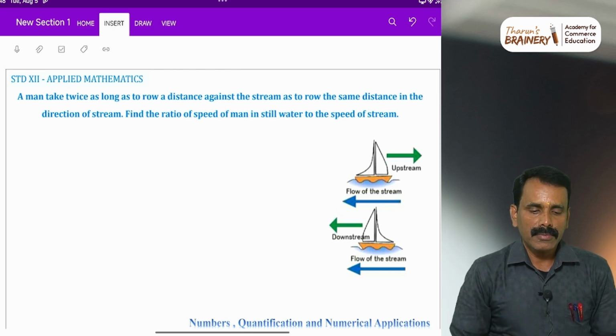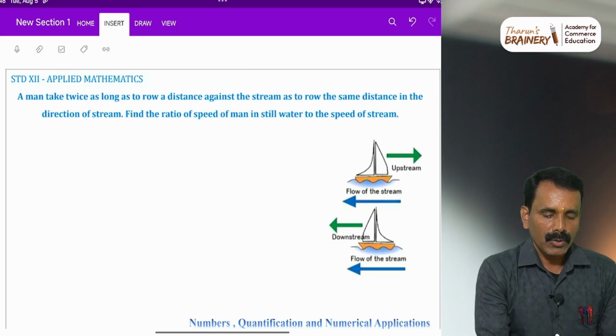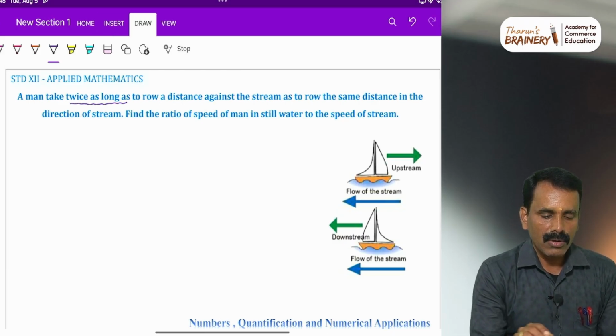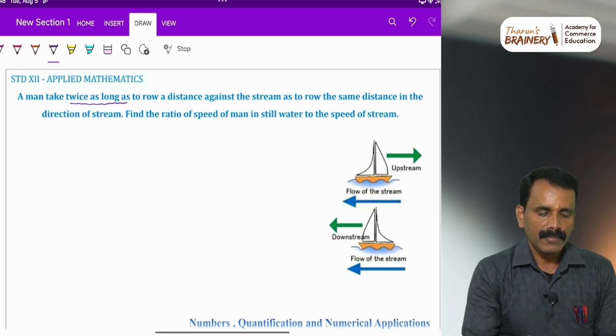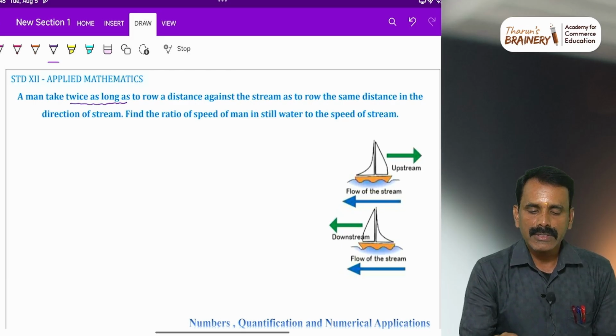So it takes 2 times as long to travel against the stream as to row along the stream.